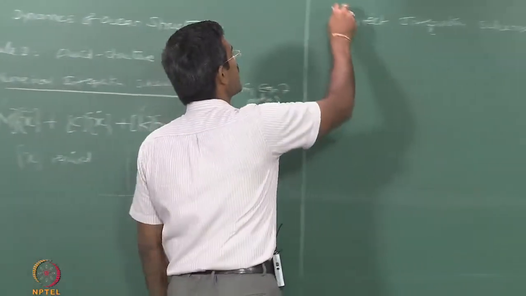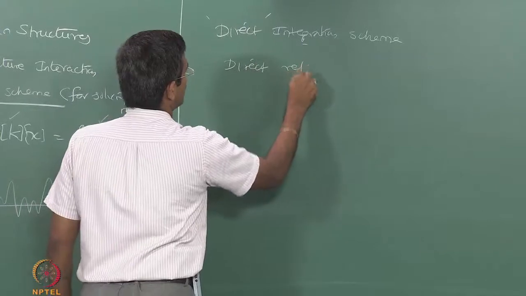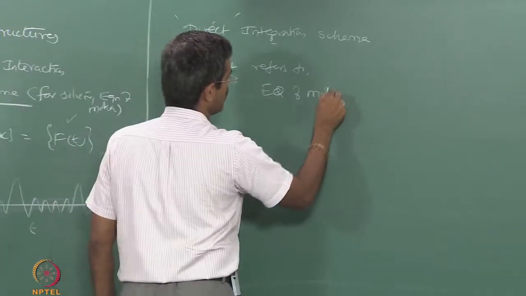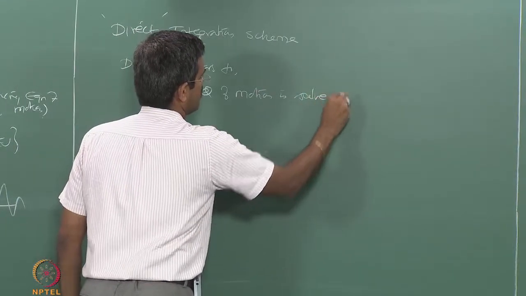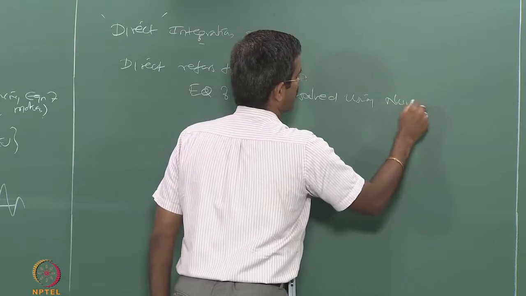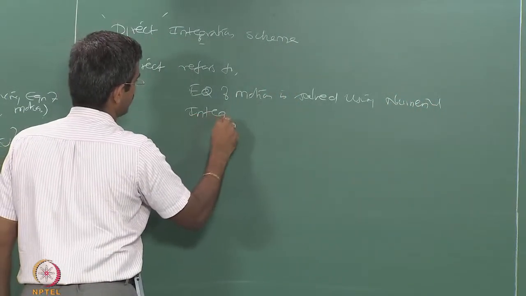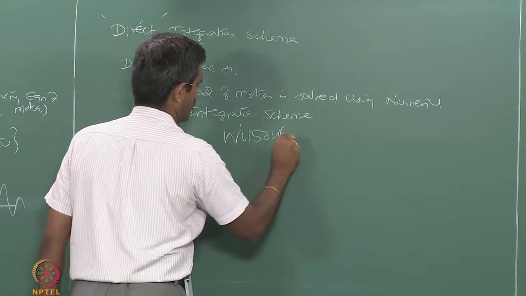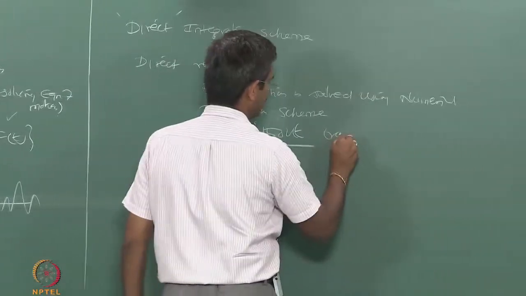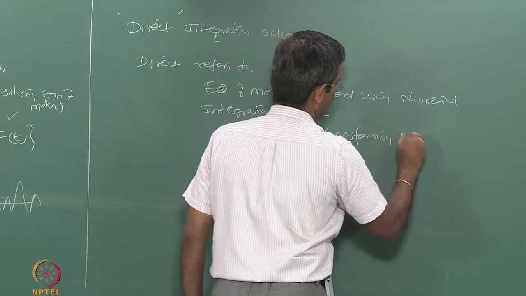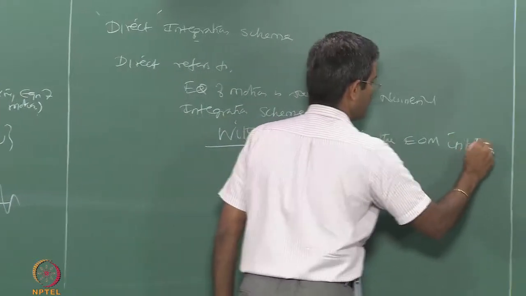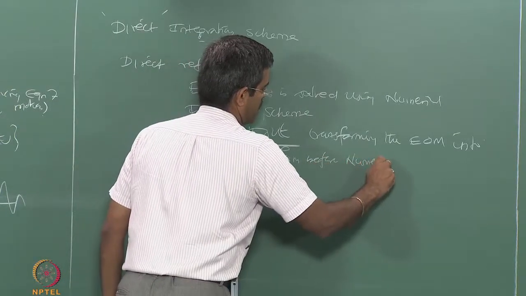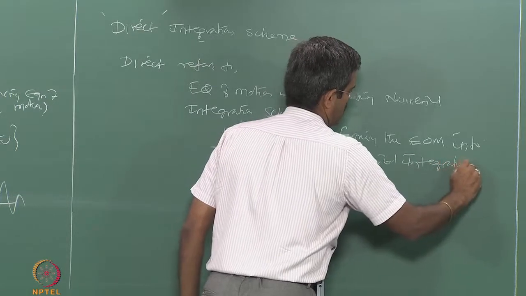Now the word direct refers to the equation of motion being directly solved using a numeric algorithm or numeric integration procedure or integration scheme without transforming the equation of motion into another form before the numeric integration is attempted.